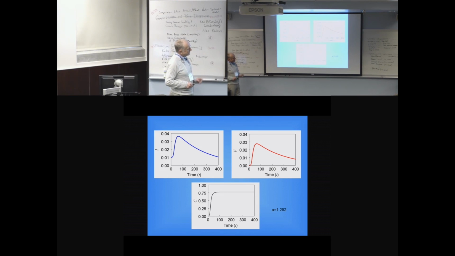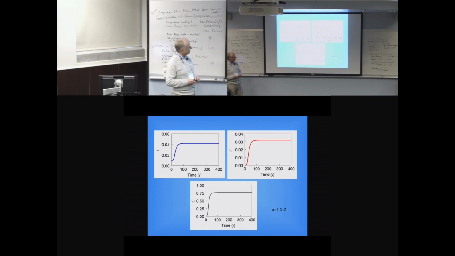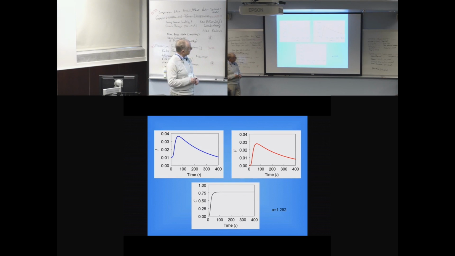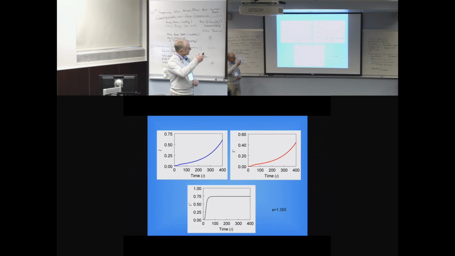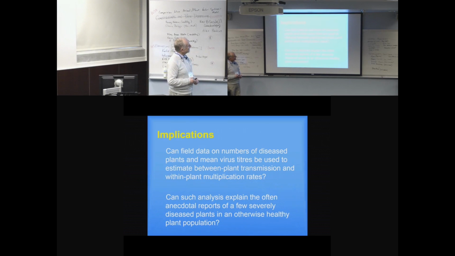This is a composite parameter which is mainly determined by the actual contact transmission rate in the model. And as you slightly increase that value, you find that rather than declining, as in the first instance, it reaches a plateau just for a small change in the contact, and then it goes into a rapid increase, where the concentration is basically staying the same. So you ask yourself how valuable that sort of information might be.